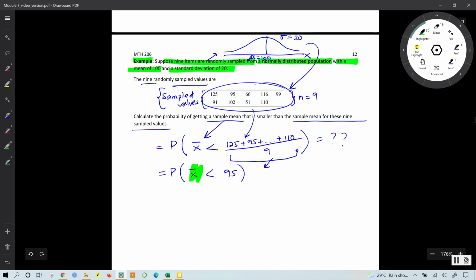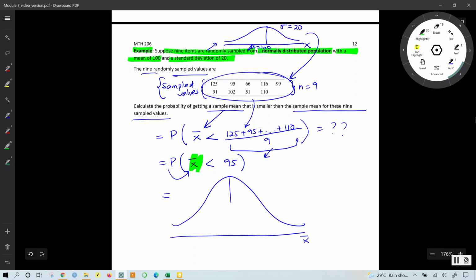less than 95? Well, since this is connected to the sample mean, we will need to get the derived distribution of x bar, which means I need to find the mean of x bar. Remember, this will share exactly the same mean as the parent distribution, 100. However, they will differ by the standard deviation.